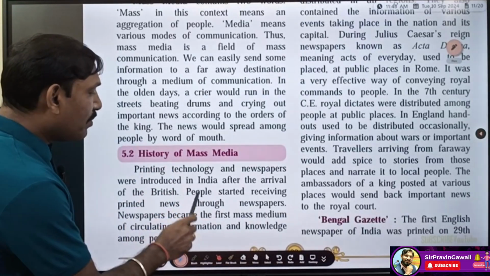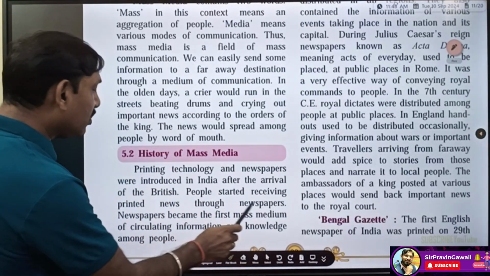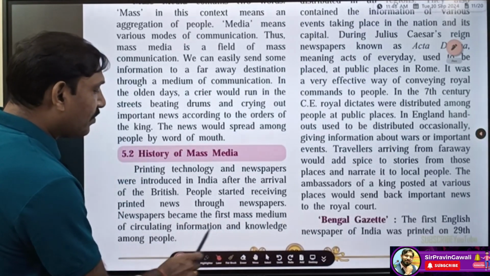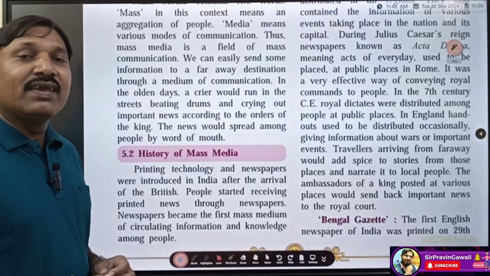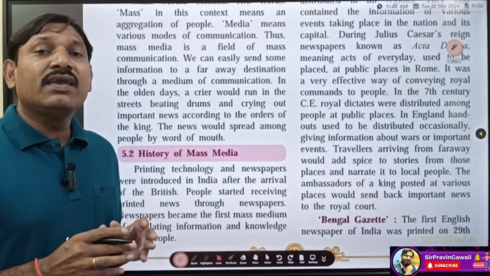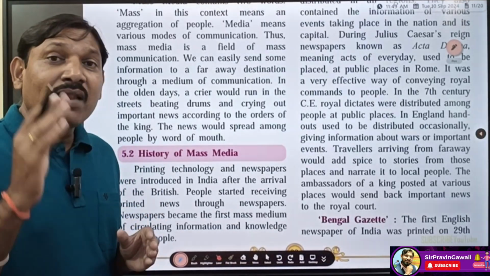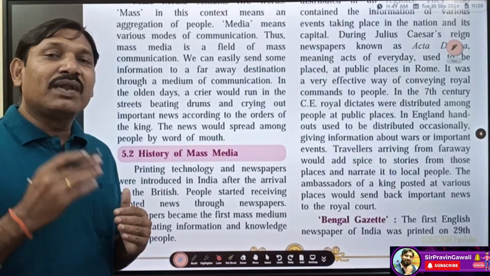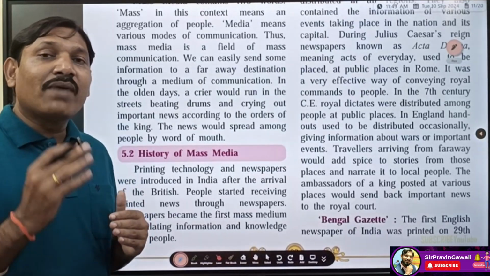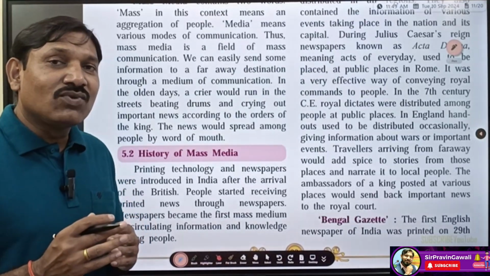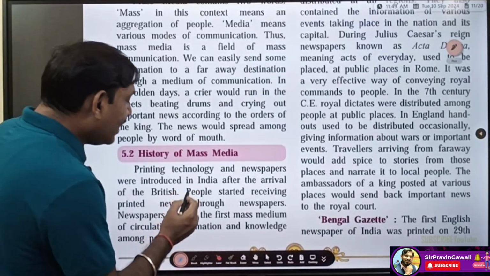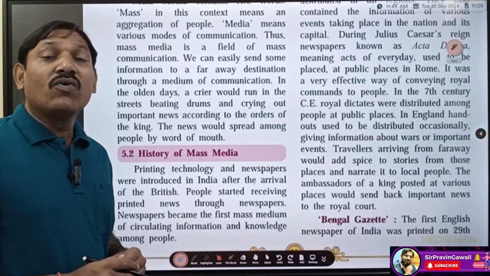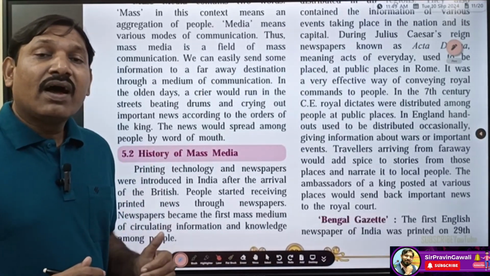Okay, this is very important. People started receiving printed news through newspapers. Newspapers became the first mass medium of circulating information and knowledge among the people. Now, students, here is Gutenberg. For the first time, he invented the movable printing press. Because of that, they could print books, news or magazines speedily. In the same way, here in India, people started receiving printed news through newspapers.